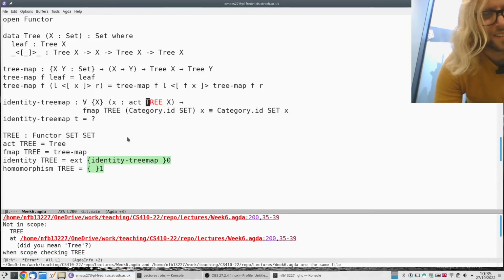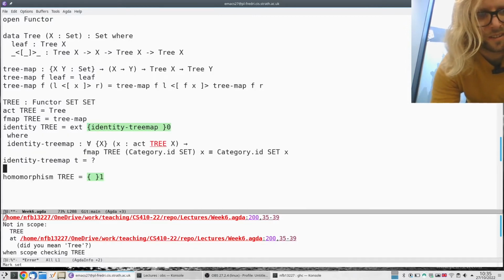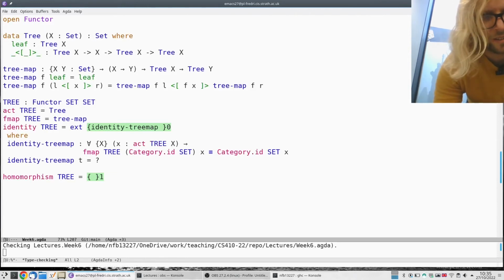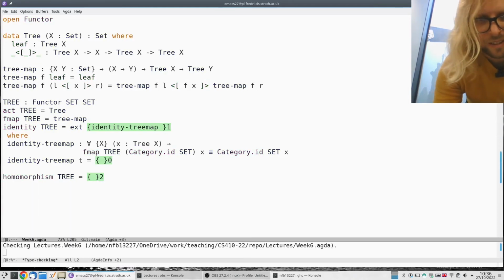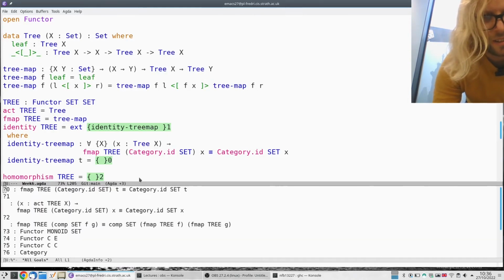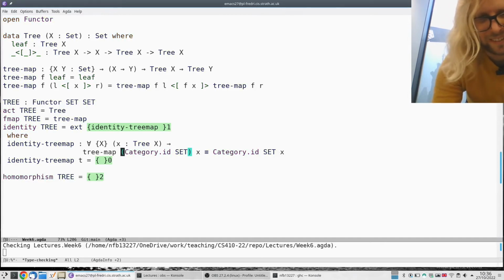I could put it in a where clause here, I think. That works, but it's nicer to actually call it tree, and tree map. Right, this is tree map. Actually, I quite like category id set there.